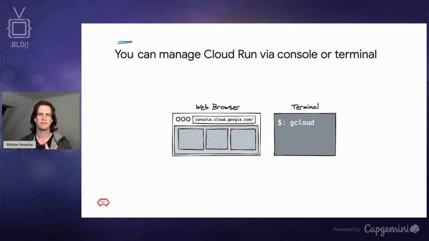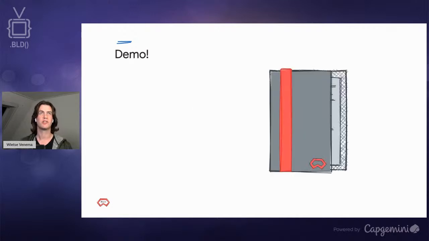It's almost like they invest time in developing a great UI. But the gcloud command line interface offers a good user experience for those who like the command line, like I do. So you can write scripts, and you get helpful suggestions if you mistype a command. So off to the demo.